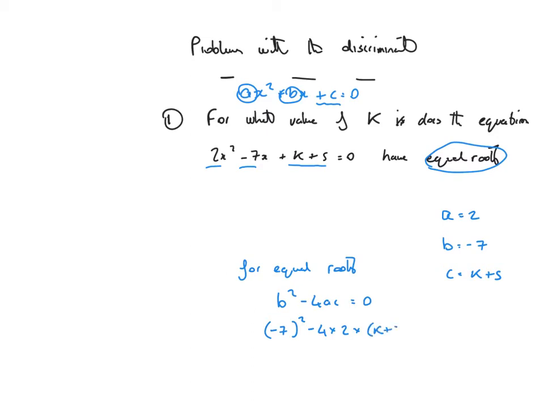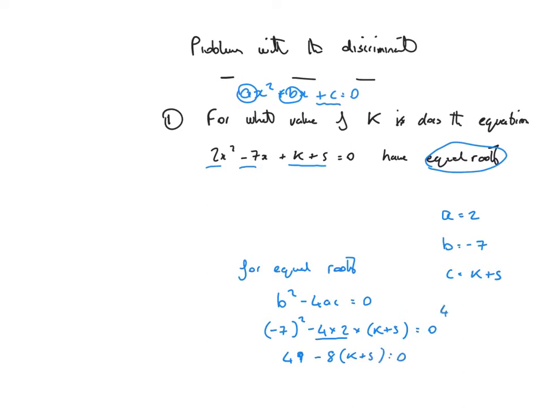I'm just going to throw that in a bracket. Is equal to 0. Minus 7 squared is 49. And then I've got minus 4 times 2 is minus 8, bracket k plus 5 is equal to 0.